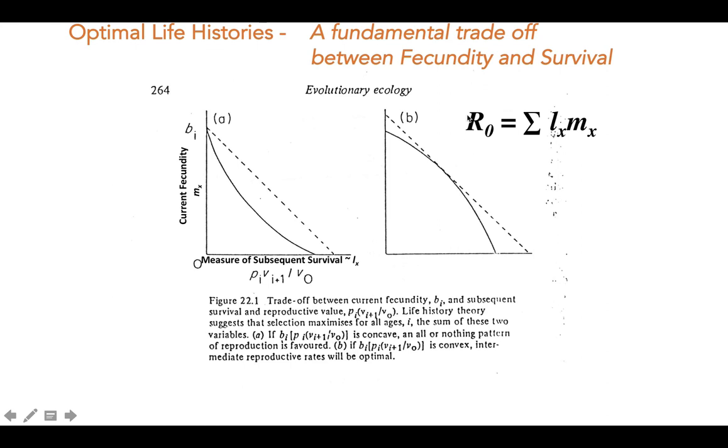Effectively, if R naught, if fitness, is maximized, or is, in this case, 1, then the summation of these probabilities can be changed back and forth, but you cannot exceed a maximum fitness value of 1, indicating that Lx and Mx actually trade off against each other.